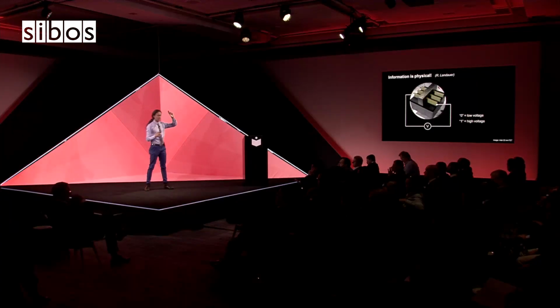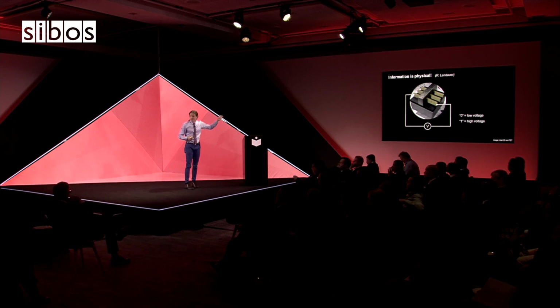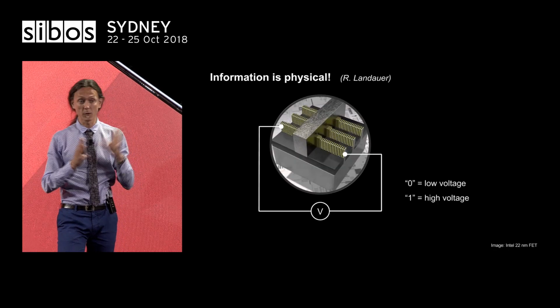And the physical reality in all the computers you have in your pocket or on your desk is the voltage across a silicon transistor. Okay? So 0 means low voltage across the terminals. 1 means high voltage across the terminals. It's a physical thing. And by the way, the physical object, so the silicon transistor, is, in my opinion, the highest achievement of humankind.